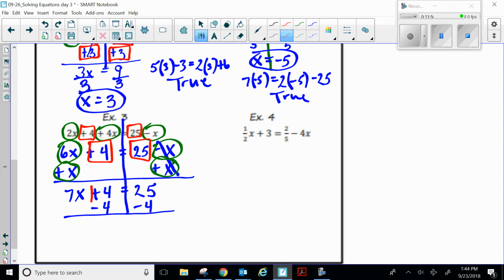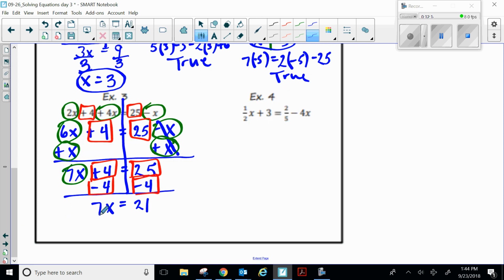So I added my constant to my constant, keeping my like terms together. And I'll be left with 7x equals 21. And finally, my last step is to divide by the coefficient. So I have x equals 3.